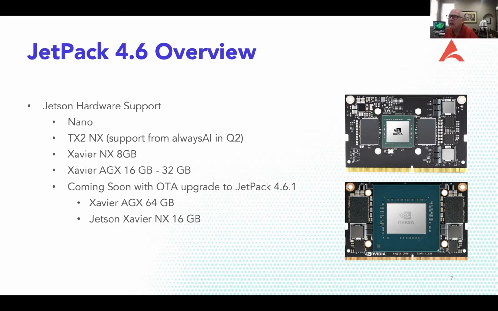It has a 128 core GPU with 2 to 4 gigs of memory. It's an excellent board to learn about NVIDIA's software stack and to prototype. I would say that for production it has really a small window to be used, but it's an excellent board to prototype.